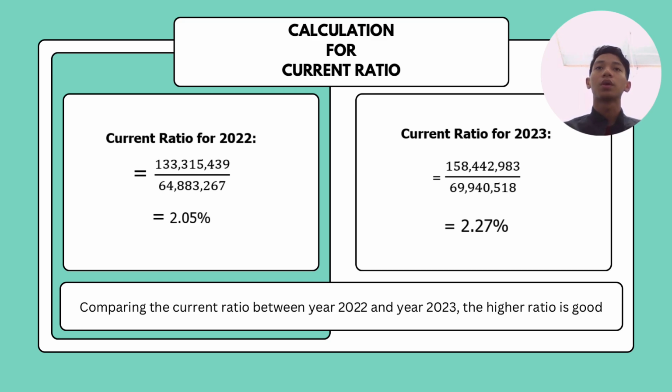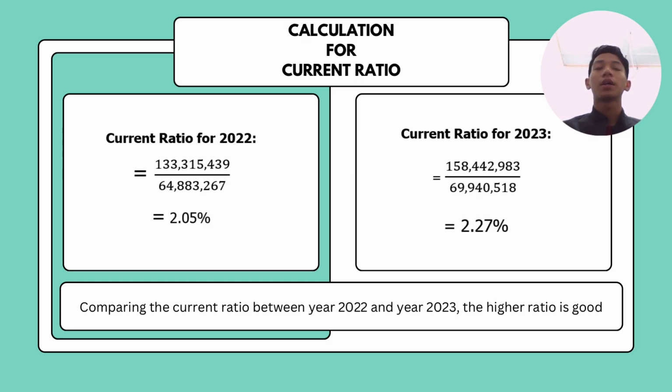The current ratio for 2022 is 133,315,439 divided by 64,883,267 million, and we got 2.05.